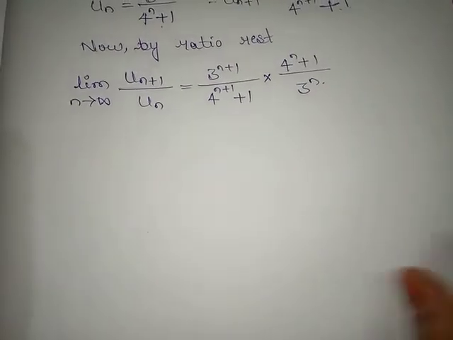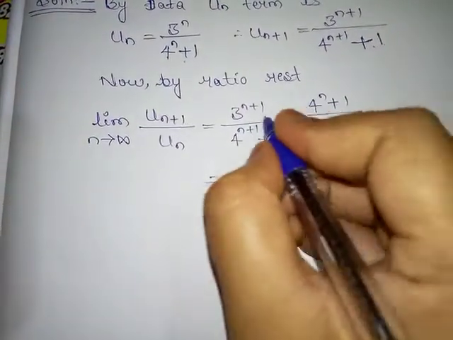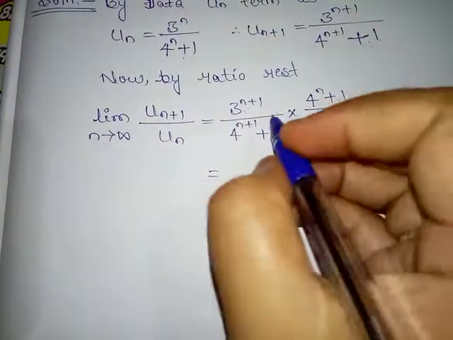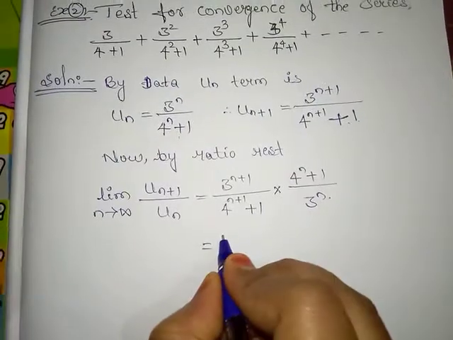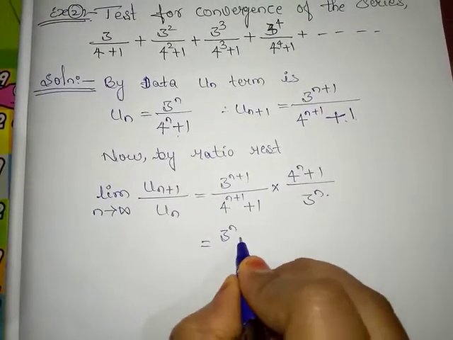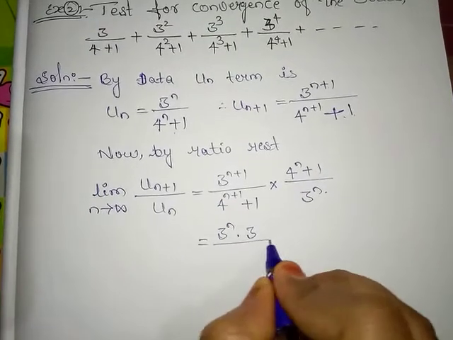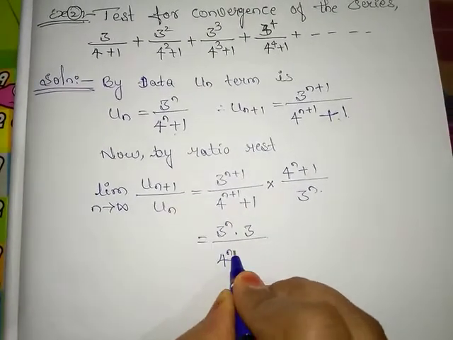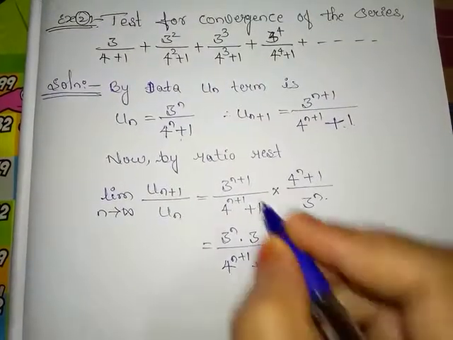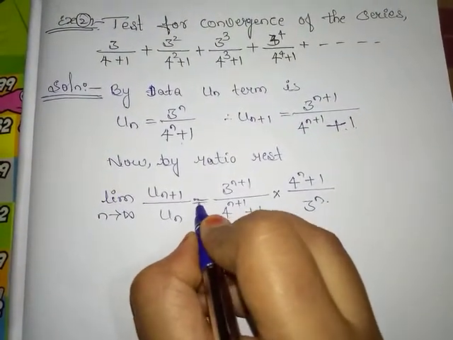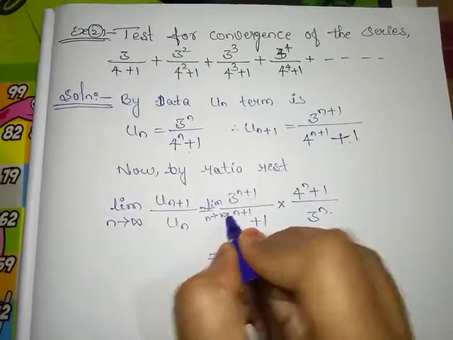Which is equal to, this 3 raised to n plus 1 can be written as 3 raised to n into 3, divided by 4 raised to n plus 1 plus 1. Sorry, I forgot to write the limit here. Limit n tends to infinity.